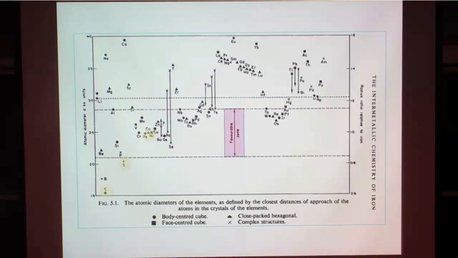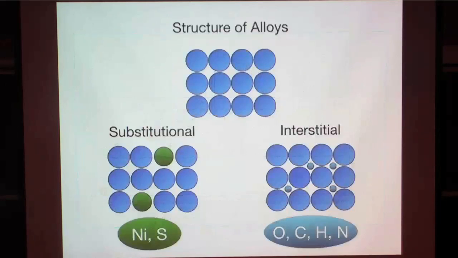But it's very electronegative, and so it kind of pops it into that zone. And so what we find if we just do the theory is that nickel and sulfur should be substitutional, whereas oxygen, carbon, hydrogen, and nitrogen should be interstitial.